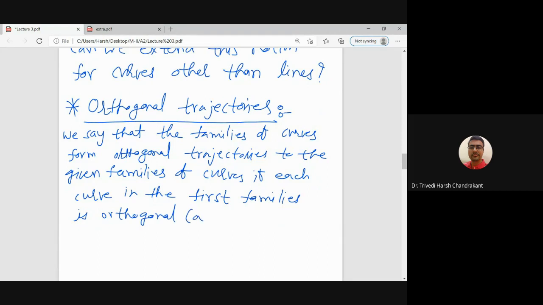So where it is orthogonal? At the point of intersection. So we have two families of curves which intersect with each other at certain points. So at the point of intersection, the curve in the first family is orthogonal to the other curve in the family.